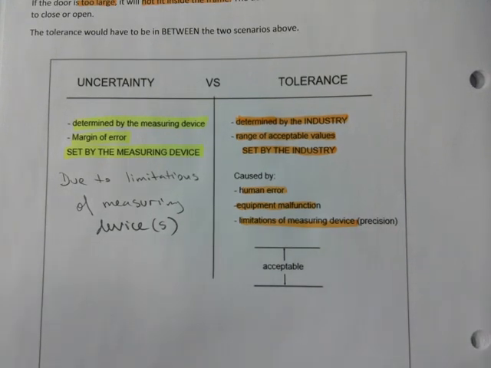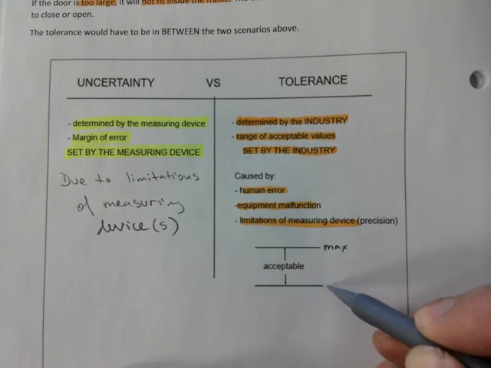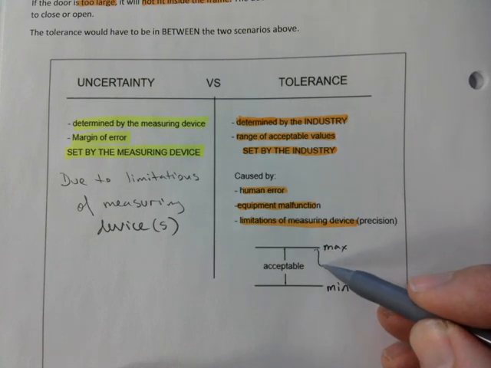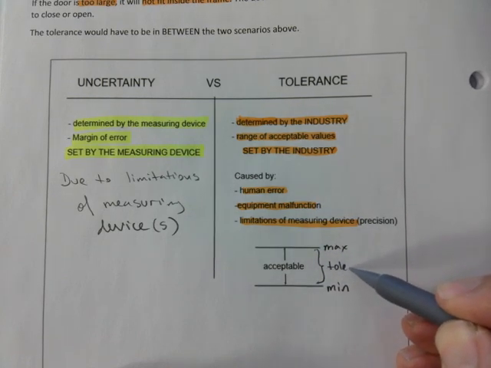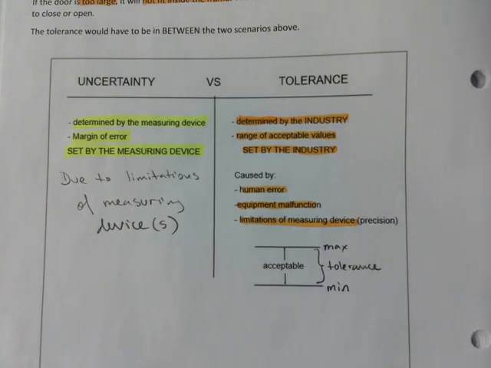So tolerance is, if this is the max and this is the min, this is what we call tolerance. What we tolerate is the range of acceptable values, right? So there you have the difference between the two.